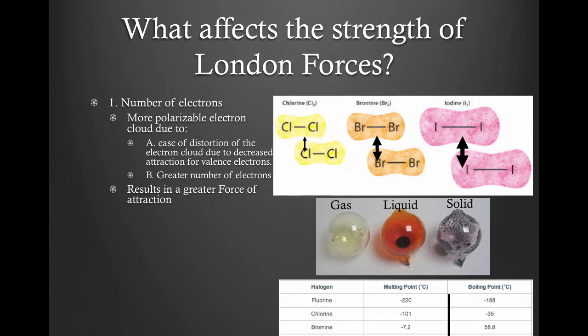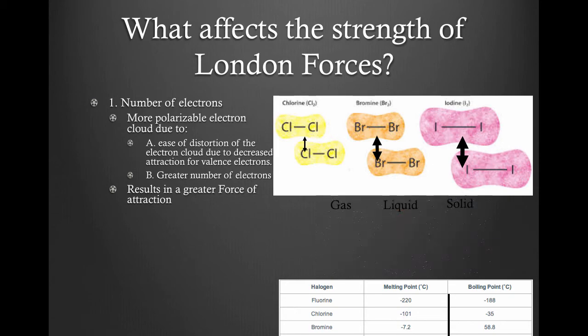So this bulk property is influenced by the strength of the dispersion force between chlorine, bromine, and iodine molecules.